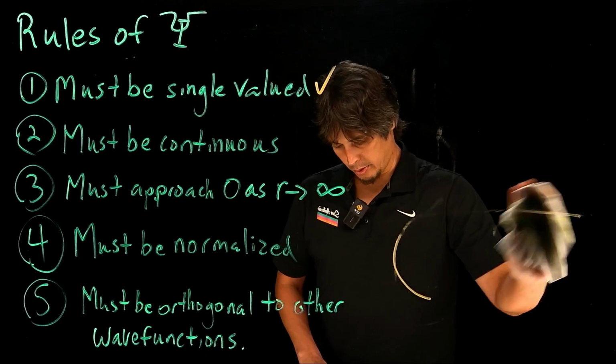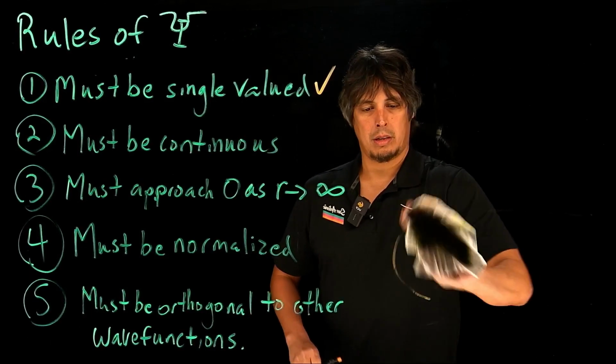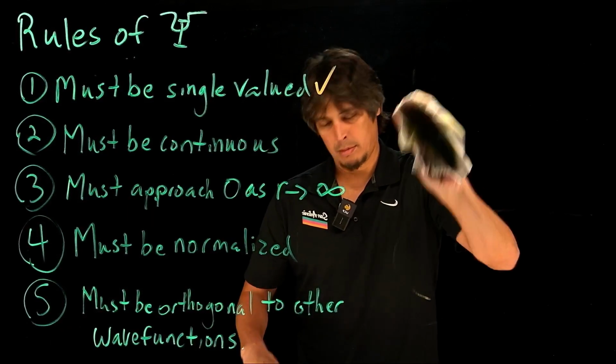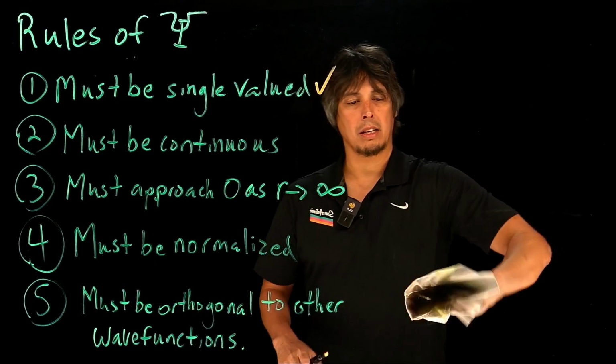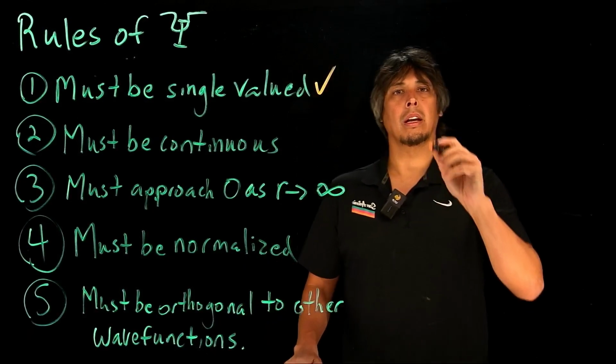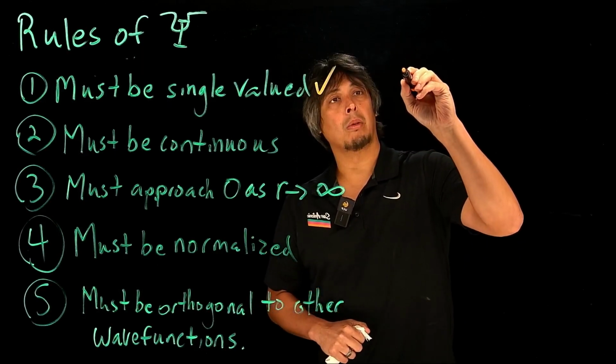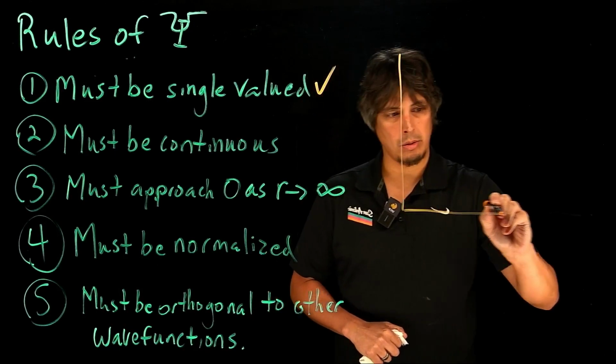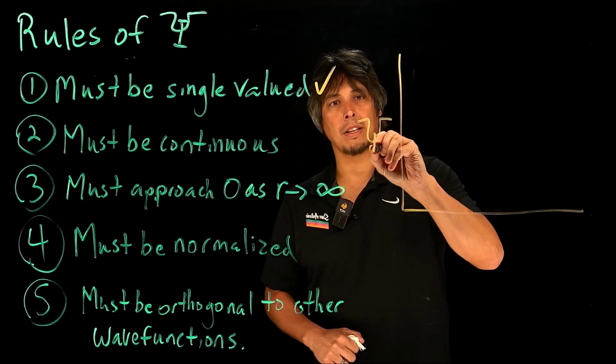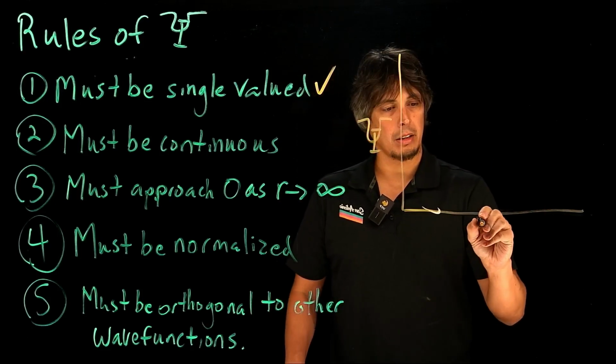It must be continuous. All right, so there's got to be continuity. So again, a sine function would be a continuous function. What would not be is, say, there's a discontinuity. So let's give an example of what would not be valid here.